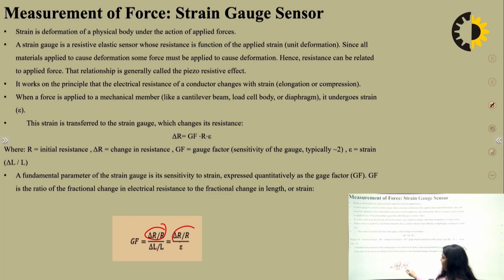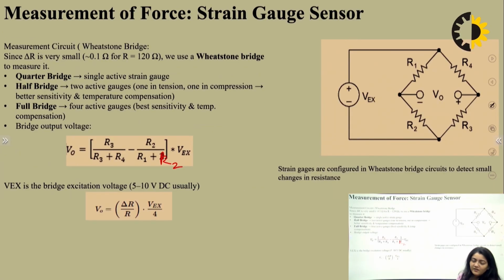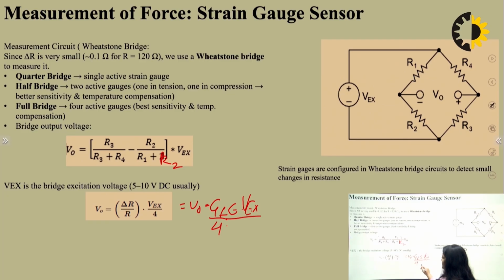From the earlier formula, GF into epsilon is equal to delta R by R. If we put this into the equation, V0 is equal to GF upon 4 into epsilon into Vex, the external voltage. So this is the formula in terms of the gauge factor.